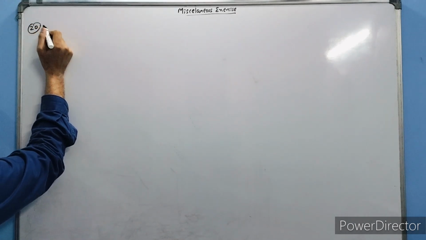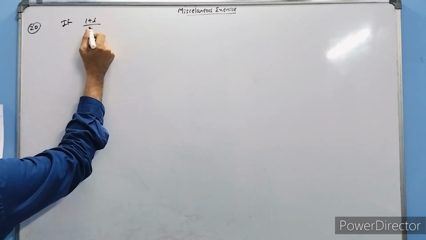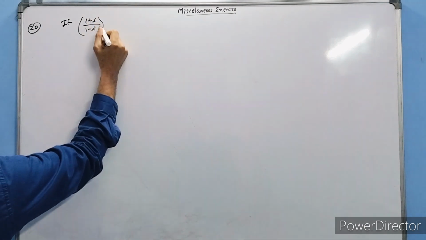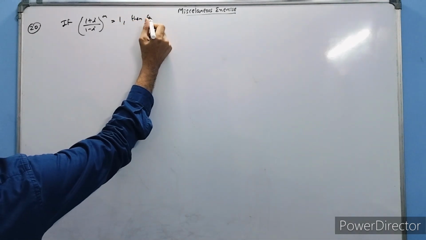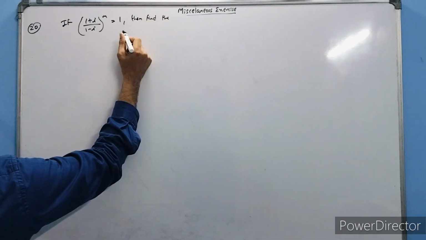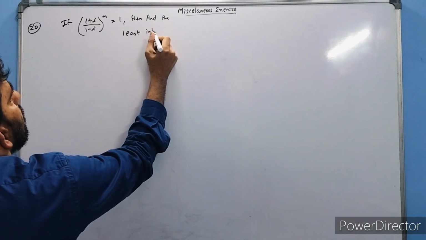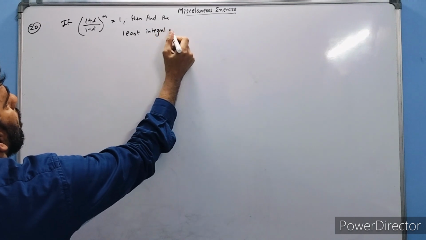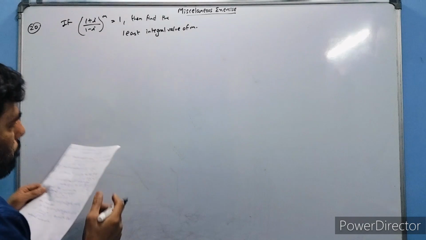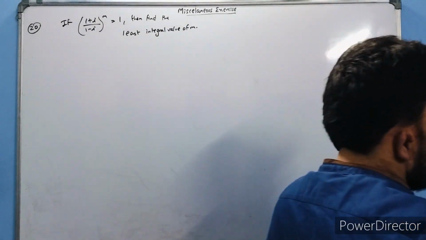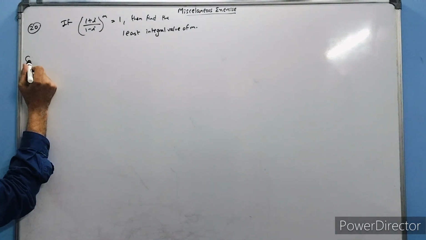They are saying if ((1 + i)/(1 − i))^m = 1, then we need to find the least integral value of m. Okay, so this is the question we have. Let us try to solve. Very easy question they have given.